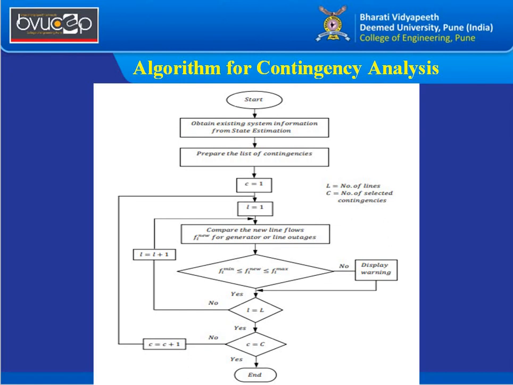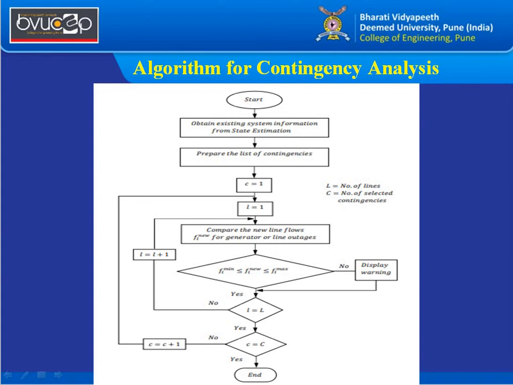Then from that we can have the list of possible contingencies, arranged according to priorities, as we discussed a few slides back. Then we set the iteration count equal to 1 for both the number of lines and the number of selected contingencies. Then we run the normal load flow studies, and compare the new load flow values of the generator or line outages, depending on which condition we are going with.